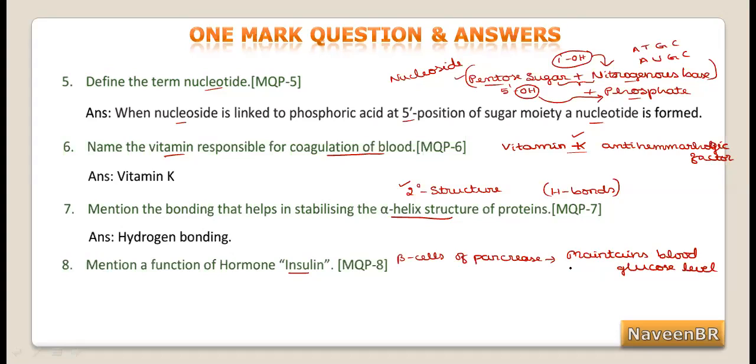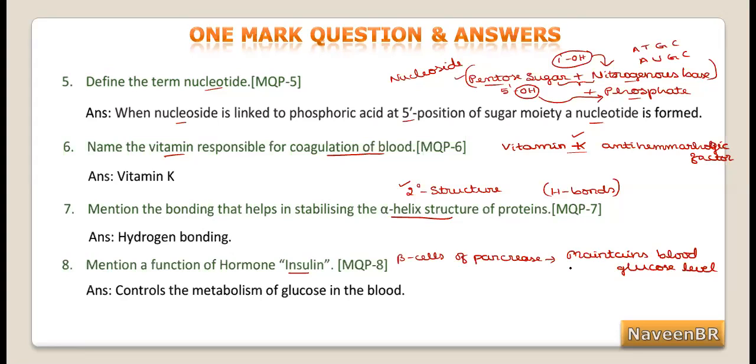Hence insulin maintains blood sugar level or blood glucose level. Hence the answer is that it controls the metabolism of glucose in blood. Any related answer can be considered. So it maintains blood sugar level, it maintains blood glucose level, or it controls the metabolism of glucose in the blood. Anything can be taken as the value point for the answer.